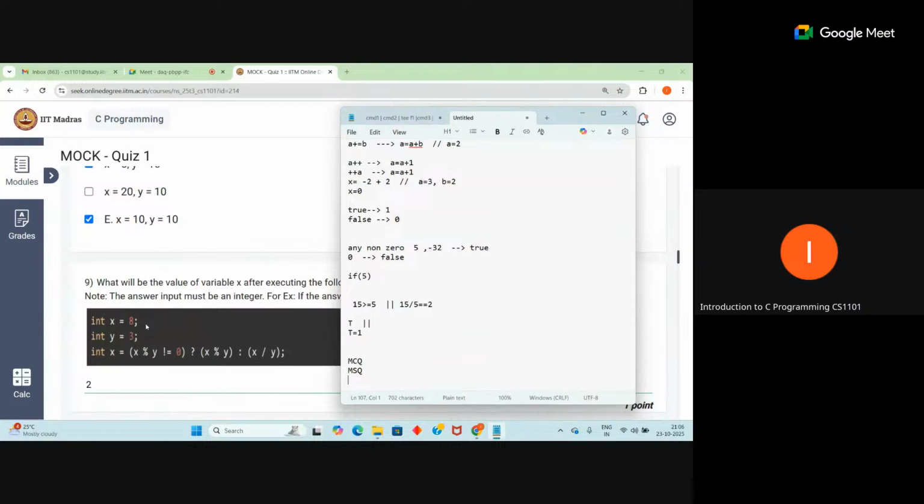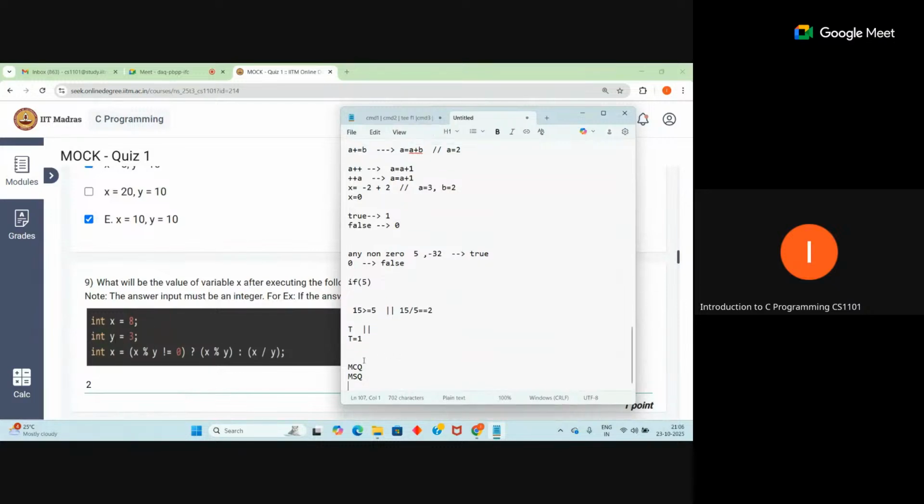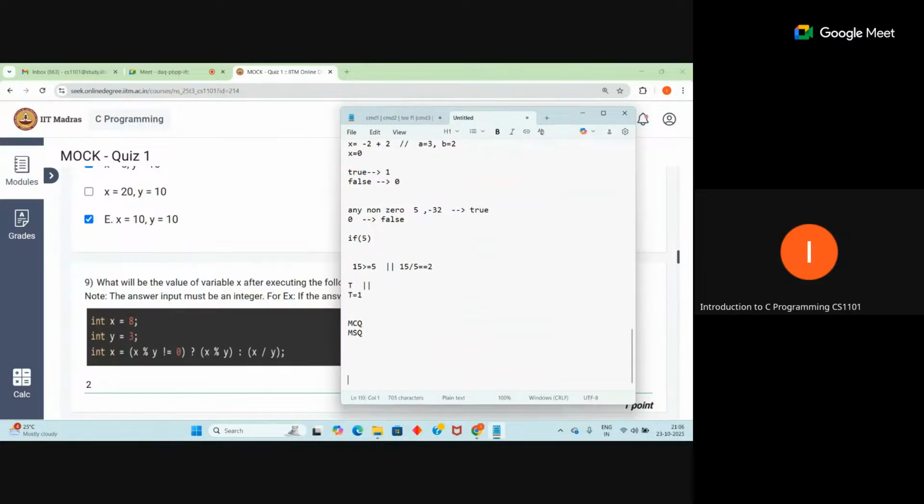So x value is 8, y value is 3. What is the expression given to us? A conditional operator is given, with question mark and colon. How does the conditional operator work? Let me explain.